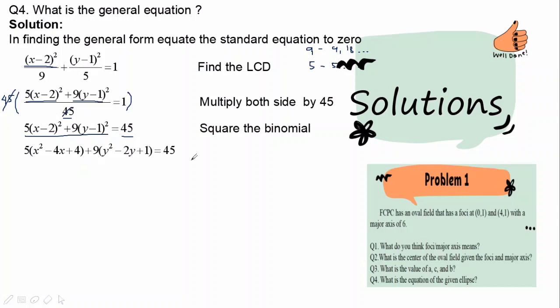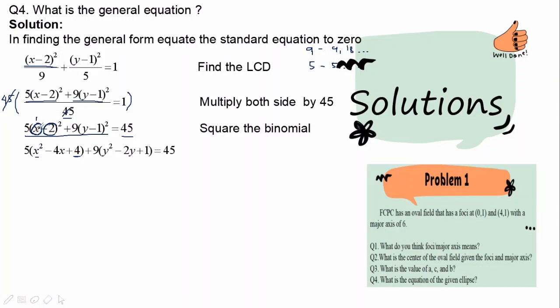The shortcut in squaring the binomial: the first step is to square the first term. So x squared. Then the second step is to square the last term. Our last term is negative 2. So negative 2 squared is 4. So that will be our last term for our answer.